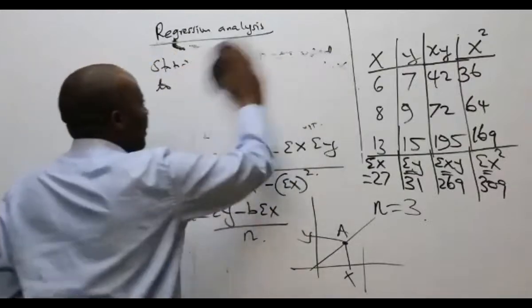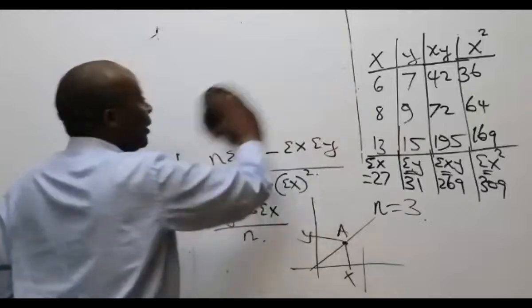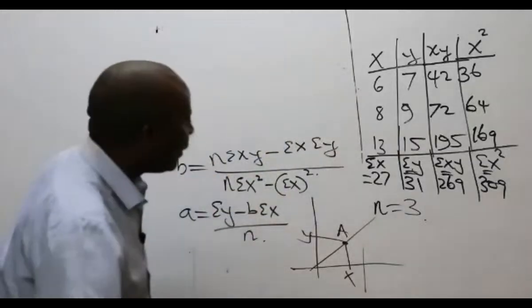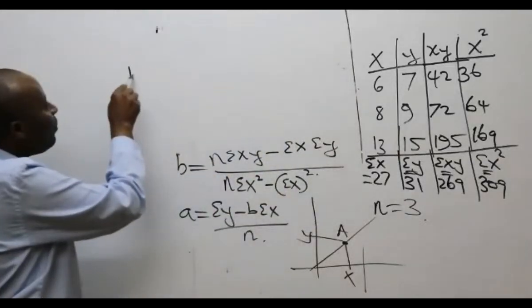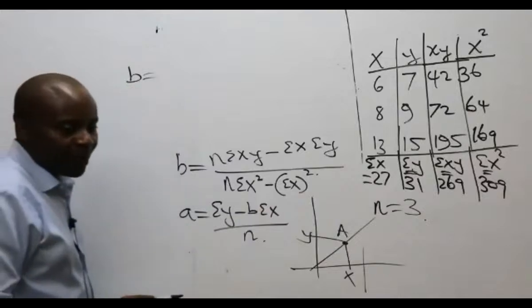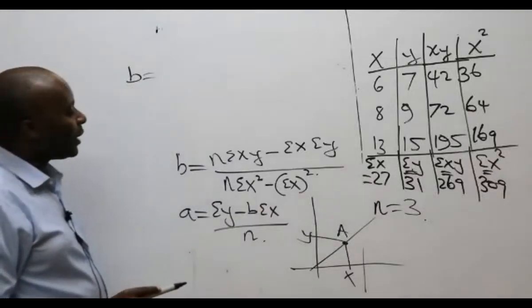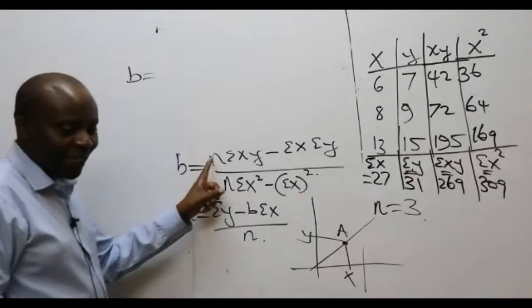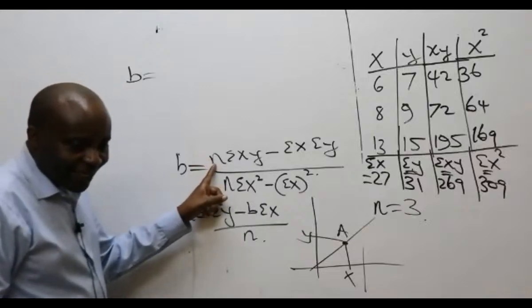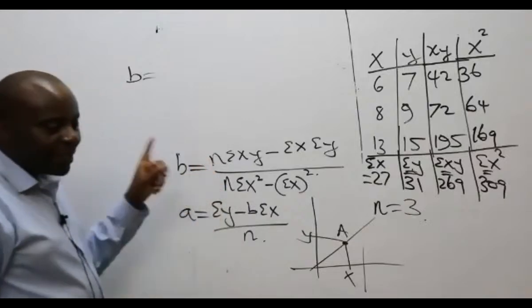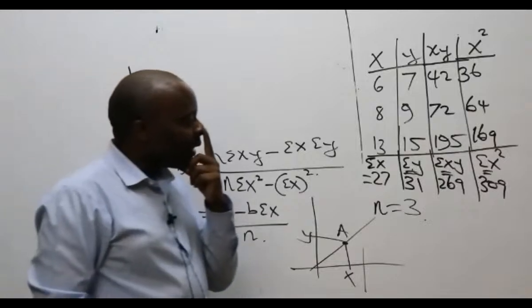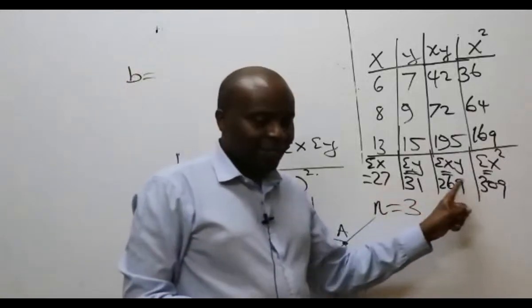The next thing now is to plug the values into the formula. Please give me the value of B. Somebody look at this. They want me to start with n. Brian tells me to interchange 269 and 309.